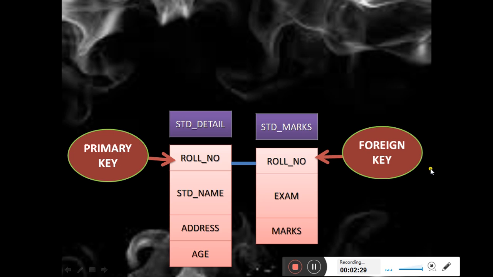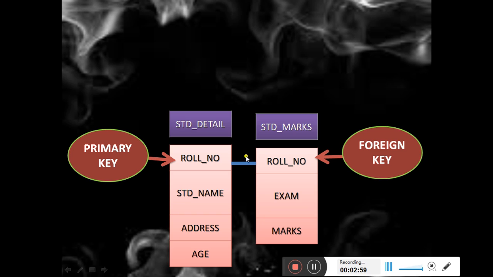See this example. In this example, I have already explained that there are two tables named student detail and student marks. These are two tables which are related with each other. They are linked with each other. There is a relationship between these two tables. In this relationship, one key is working as a primary key and another key is working as a foreign key.